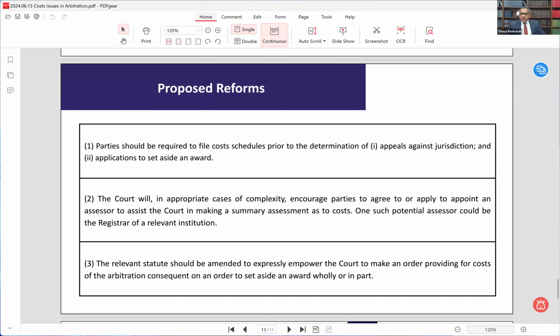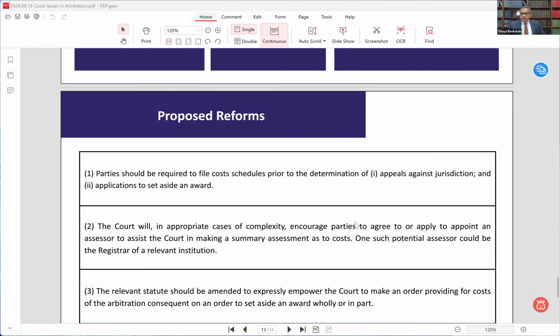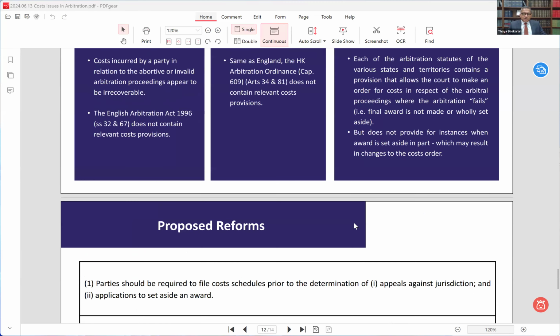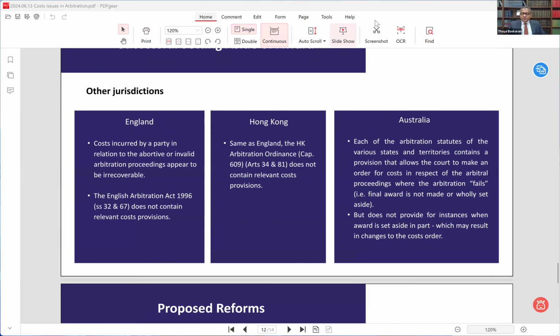Thank you very much, Darius, for taking us through the various lacunas in the model law as well as in legislation, both here in Malaysia and in Singapore, with regards to costs. They primarily seem to arise in situations where the award has either been set aside or the tribunal has been found to lack jurisdiction.